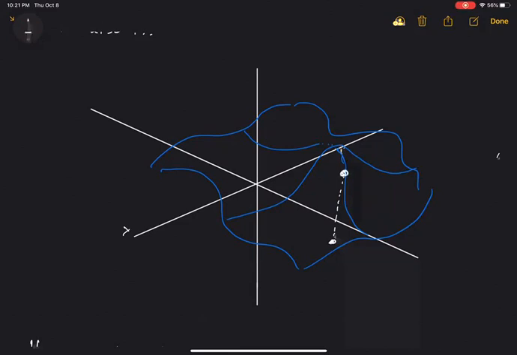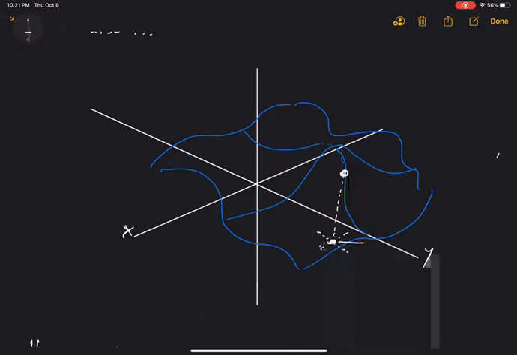So I have this point in my domain that's mapping to this point up on my graph, right? So maybe instead of looking for derivatives in the x direction or the y direction, maybe I want to look for derivatives in some other direction.